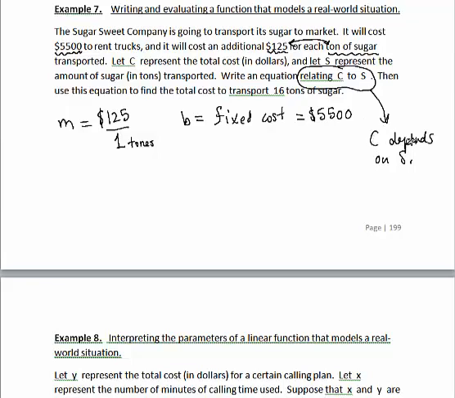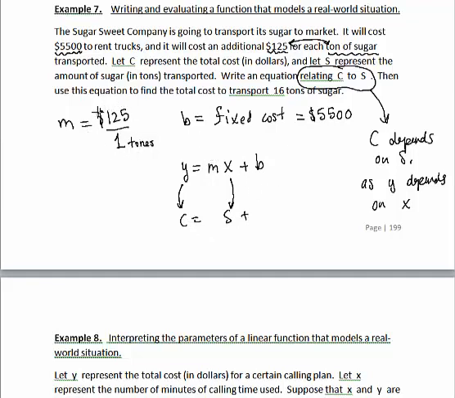So C depends on S as Y depends on X. Okay, Y is the dependent variable, X is the independent. So if C depends on S, we take our slope-intercept form of our equation and we replace Y with C and X with S. Alright, what's our slope?